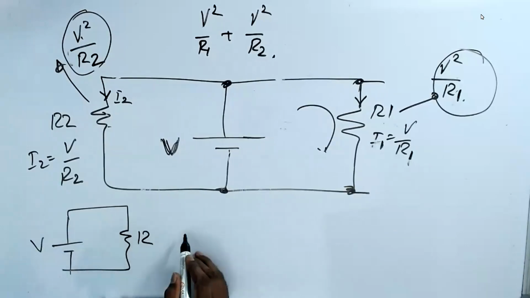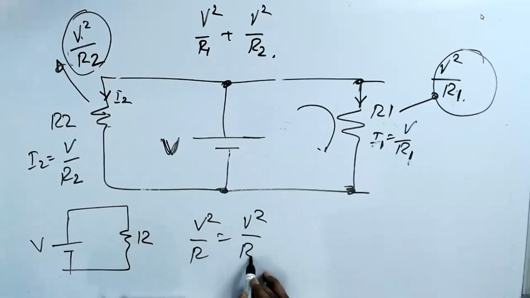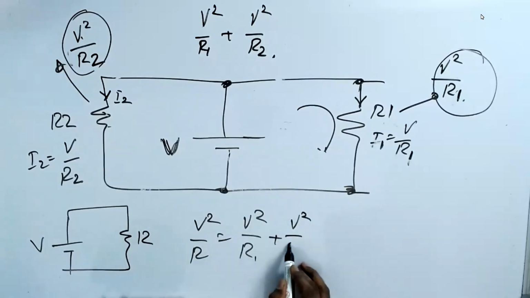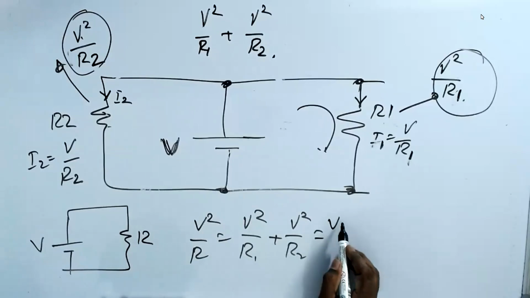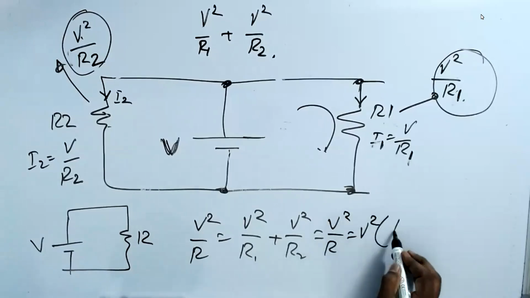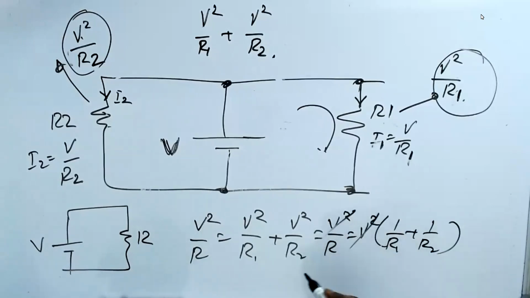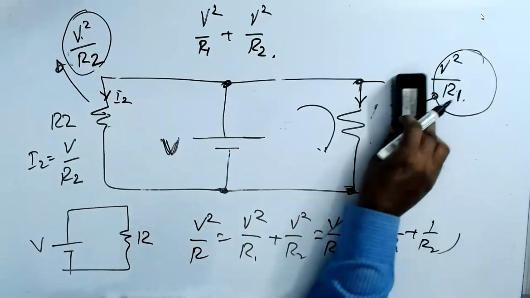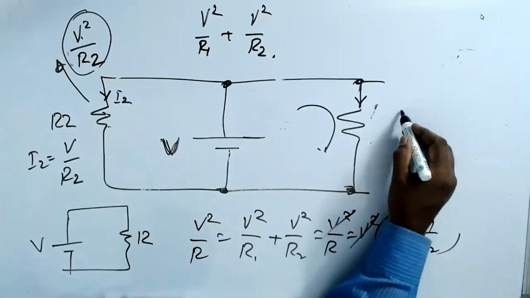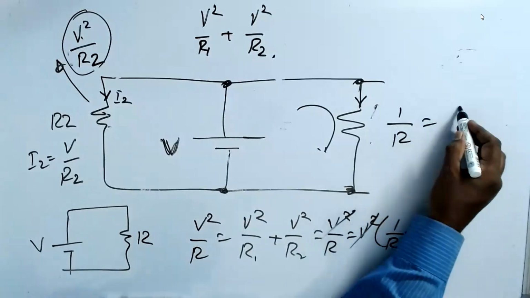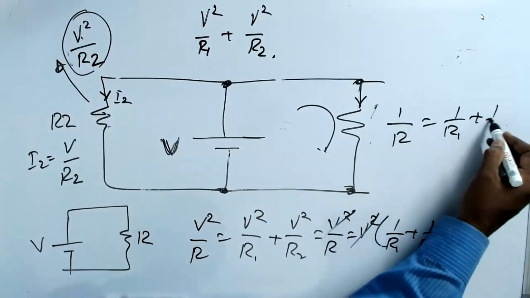So the power V square by R is equal to V square by R1 plus V square by R2. Take V square common: 1 by R1 plus 1 by R2. Cancel V square. So 1 by R is equal to 1 by R1 plus 1 by R2.